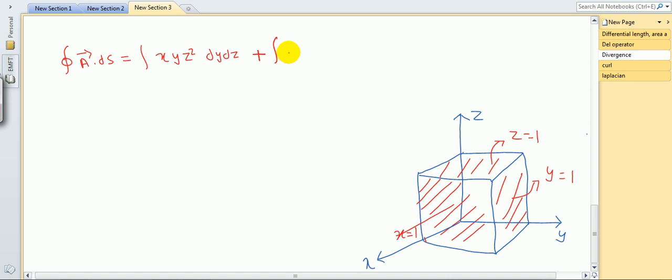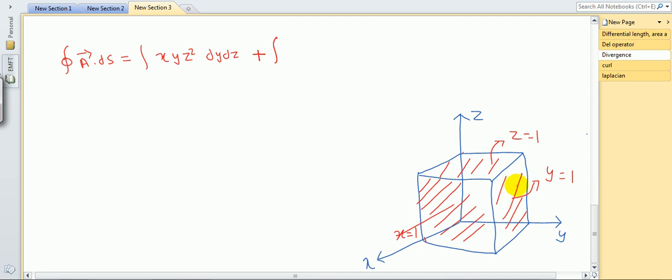Now the next surface, that is the y equal to 1 surface. For the y equal to 1 surface the surface vector will be dx dz ay cap.